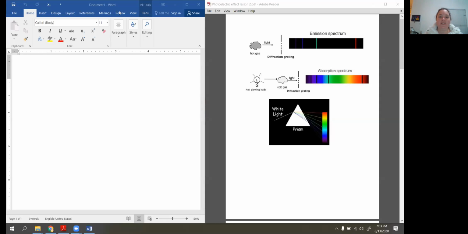But I thought what I'd start with, and it's what I've got down the right-hand side over here, is just a quick little bit of revision. I know I did touch on this during Doppler, but the idea of emission and absorption spectra. With the photoelectric effect, we quite often look at what happens when light shines on a metal and an electron gets emitted.